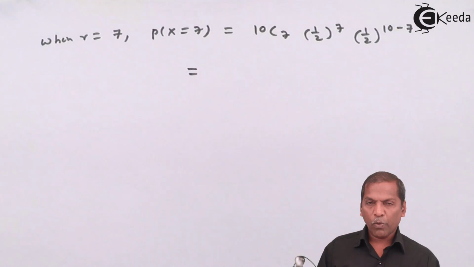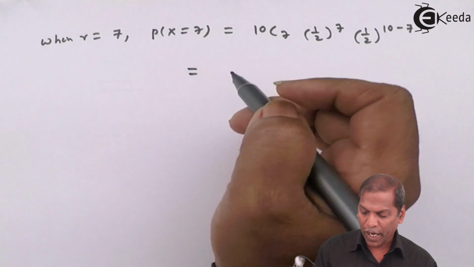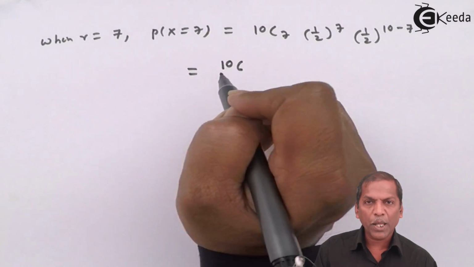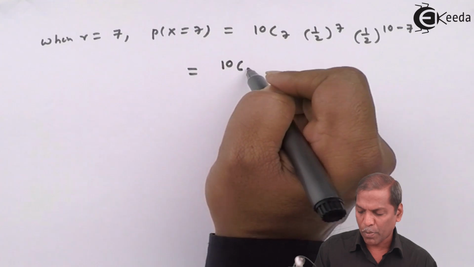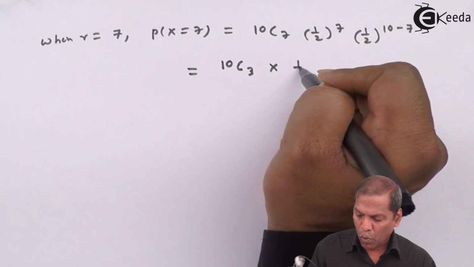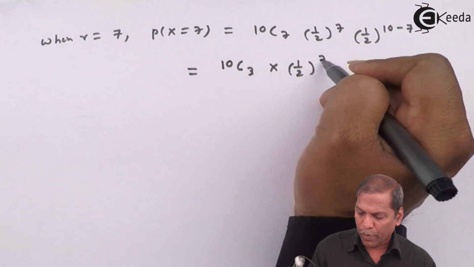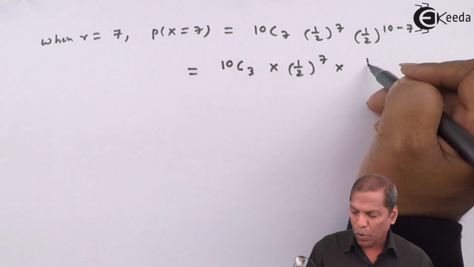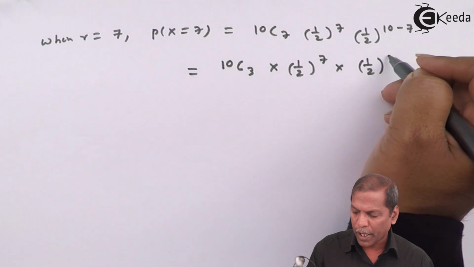So that is equal to, now 10c7 can be written as 10c 10 minus 7, which gives 3, into 1 upon 2 raised 7, we write as it is, into 1 upon 2 raised 3.